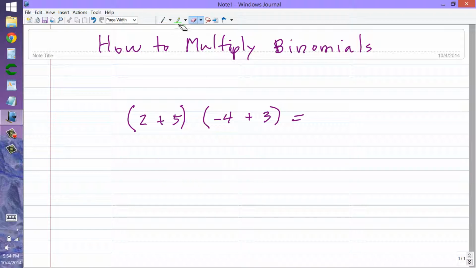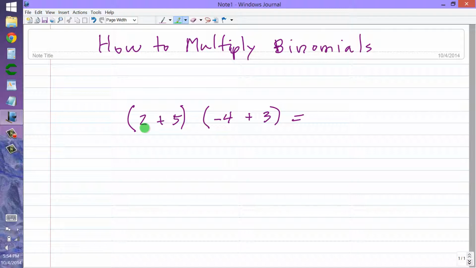Now, when you encounter something like (2 plus 5) times (minus 4 plus 3), what you do is you multiply 2 times minus 4, plus 2 times 3, plus 5 times minus 4, plus 5 times 3. You simply apply the distributive law twice.